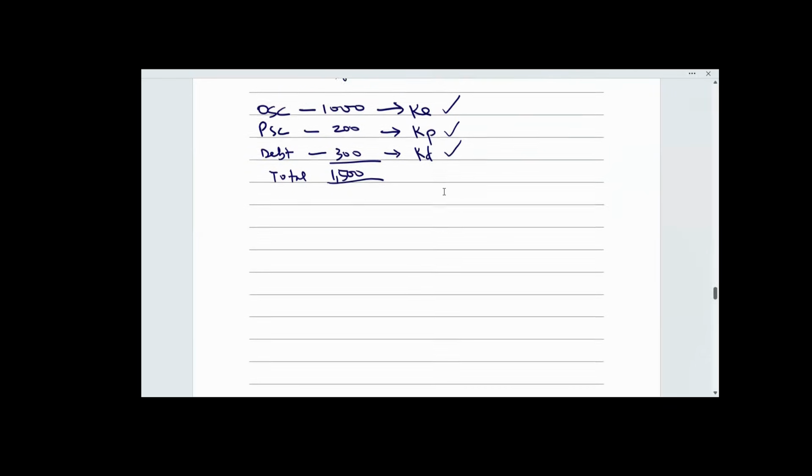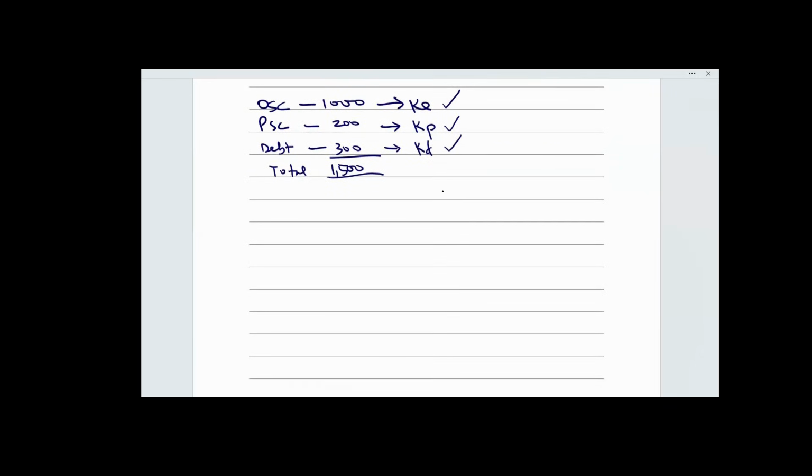So in this case, if I want to calculate my WACC, equity is denoted as E. The proportion of equity will be 1,000 over the total pool of capital, 1,500, multiplied by cost of equity.